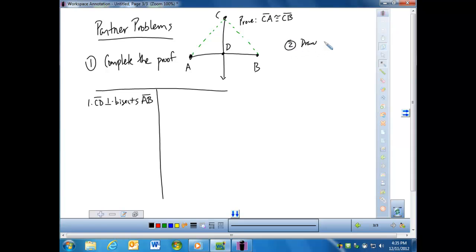Second problem, as I alluded to earlier, is I would like you to draw an obtuse triangle, an acute triangle, and a right triangle.